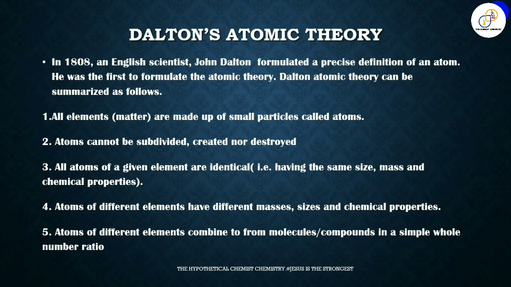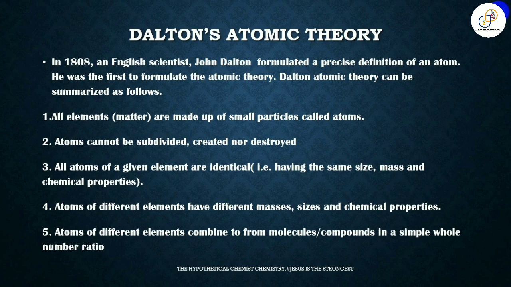Thirdly, he said all atoms of a given element are identical, meaning they have the same size, the same mass, and the same chemical properties. Fourthly, he said atoms of different elements have different masses, different sizes, and different chemical properties.